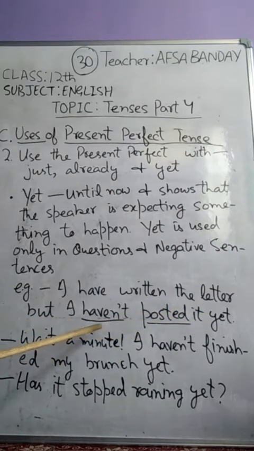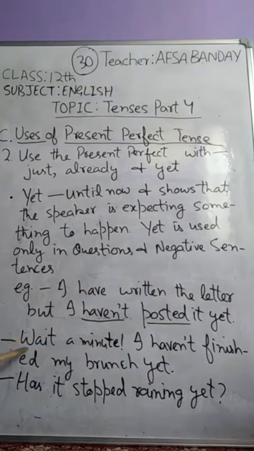So negative sentences, and it's until now. Until now I haven't posted it, and no doubt the speaker is expecting that it should get posted, but until now it hasn't got posted. So we have used yet with it, and we have used present perfect tense.